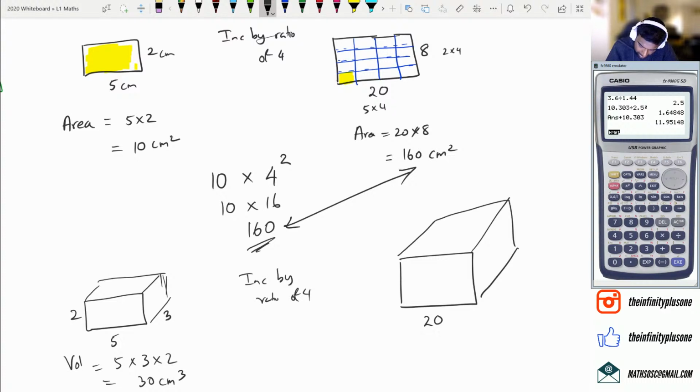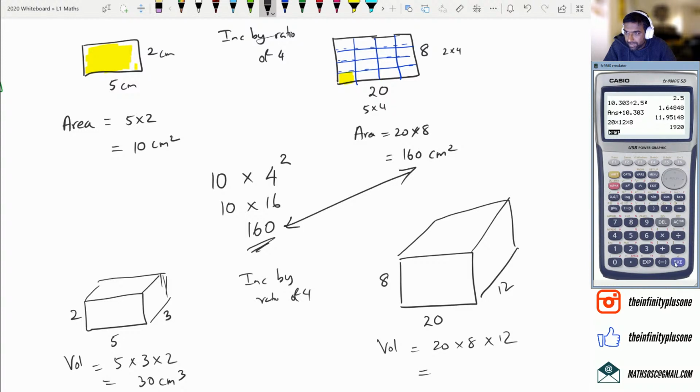This is now going to be 20, this is going to be 8, and this is going to be 12. So the volume of this is now 20 times 8 times 12, which gives a volume of 1920.